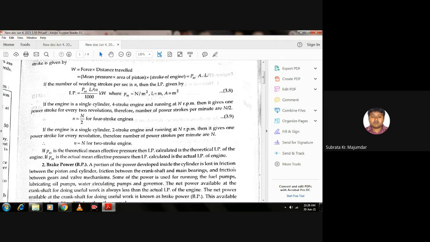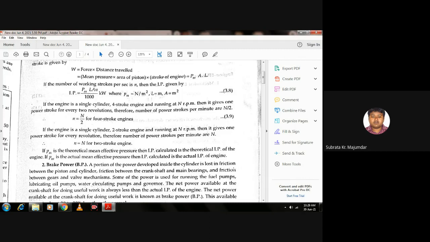Another consideration is that PM is the theoretical mean effective pressure. PM stands for P suffix M. It stands for the theoretical mean effective pressure. What is the mean effective pressure? It is the pressure that should be generated in the engine cylinder.